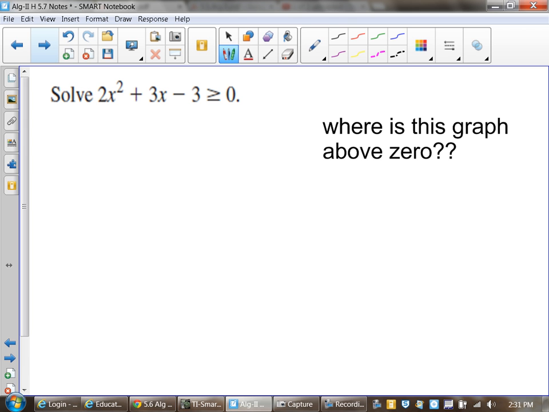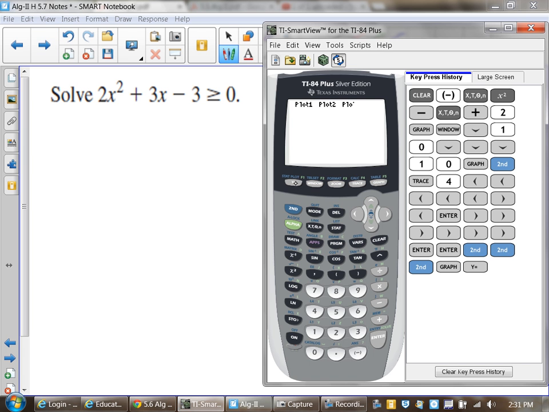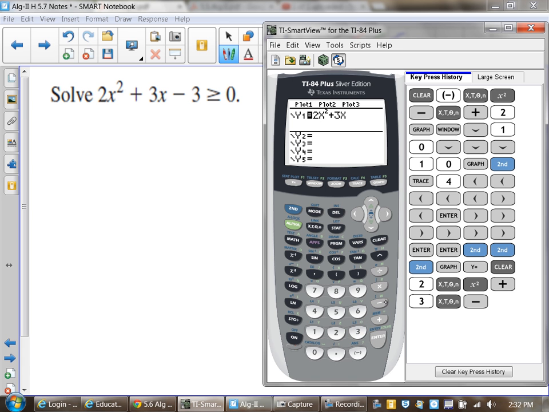I am not going to try and complete the square. I'm not going to use the quadratic formula. I'm going to look at the visual representation of the graph. I'm going to determine, is this going to be a maximum or minimum? It's going to be a minimum. And I'm going to calculate my zeros by pressing a whole bunch of buttons. So, y equals 2x squared plus 3x minus 3.